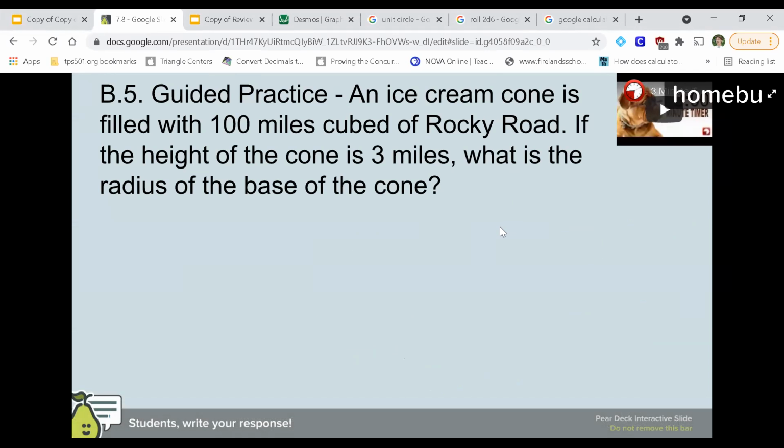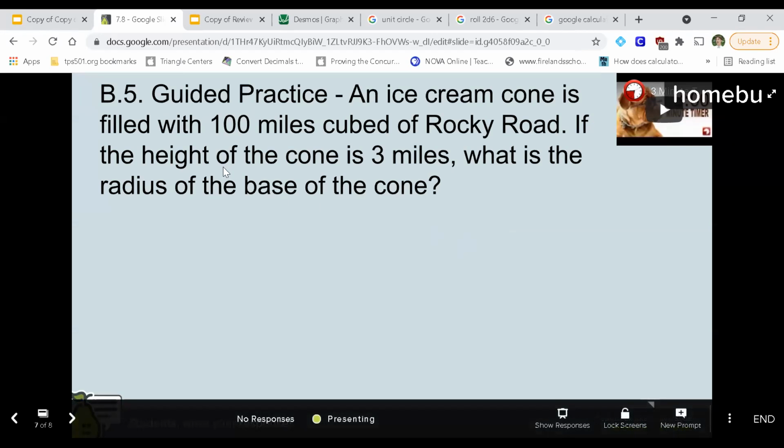But you're now left wondering, well, how tall is the ice cream cone? Can I fit it into my car? So what you're going to be asked to do is find the height of the cone. That way you know if it can get into your car or not. And by that I meant it gives you the height, you need the radius. I taught all of second hour that was the radius, and not a single person said anything.